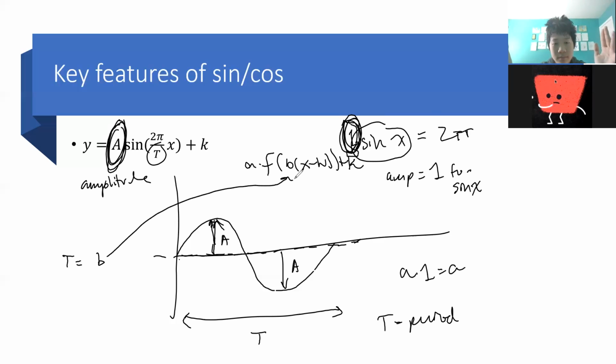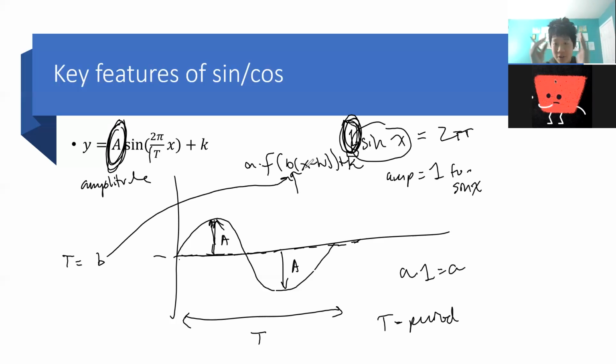Which means if the period is very large, it means b is very small. If b is small, we know that means we're stretching, because it's the opposite of what we expect it to be. So that's why T is in the denominator here. It's so that it matches our definition of b.